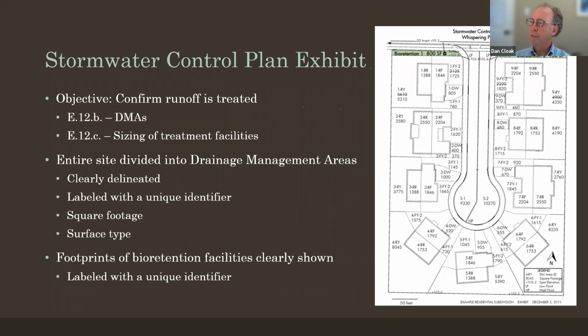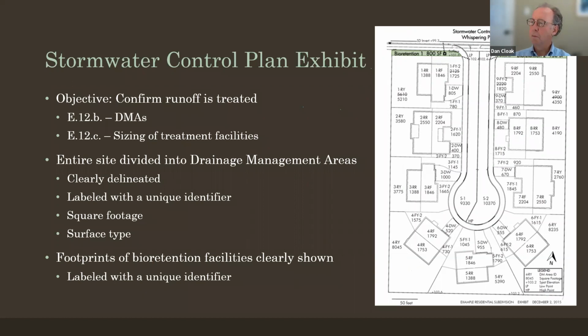There are good reasons for that in terms of making it easy to iterate a design and easy to follow. The permit also requires that it be shown that each of these drainage management areas drains to a treatment facility that is then overall sized to handle the runoff from all the tributary drainage management areas.